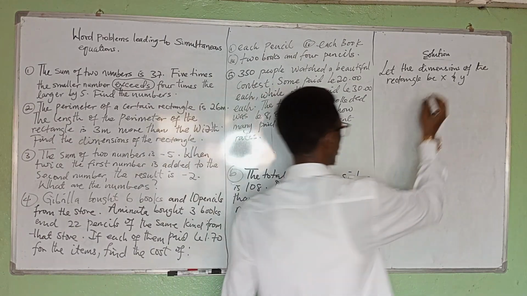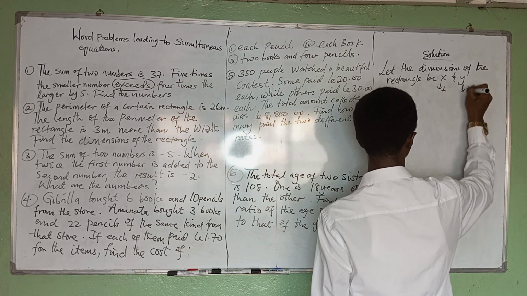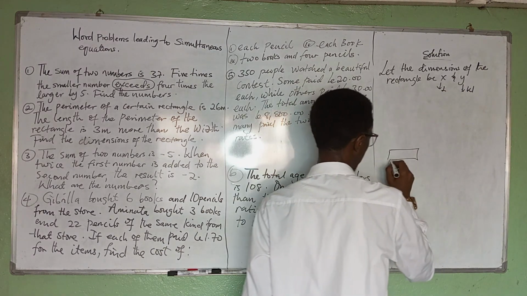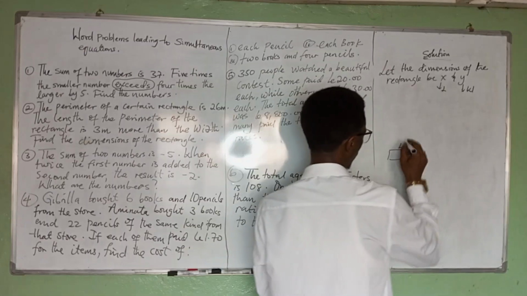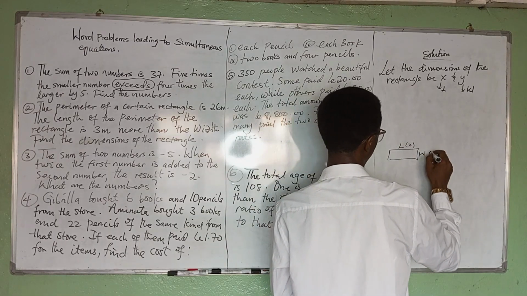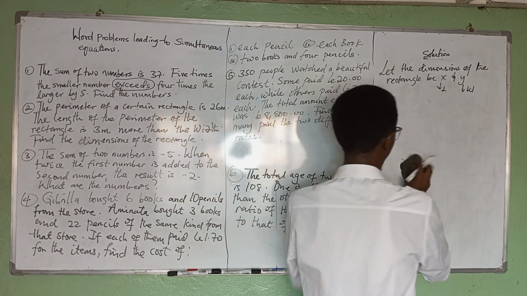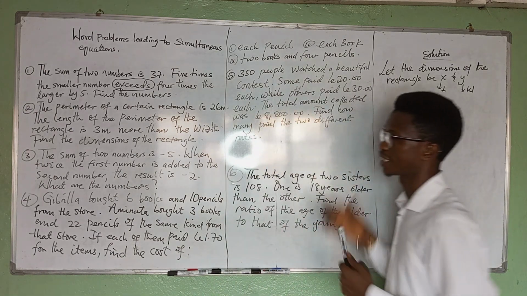Okay, so this is the length and this is the width of the rectangle. You know this is the rectangle, the length and the width or the breadth. Okay, so this is our x and this is our y.